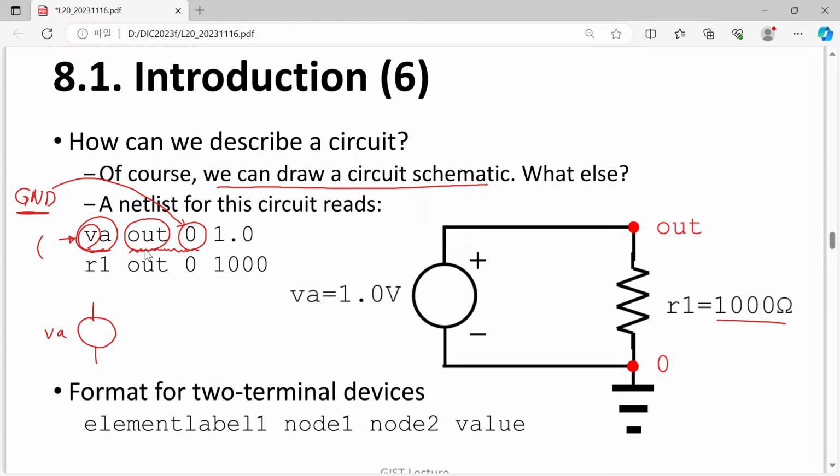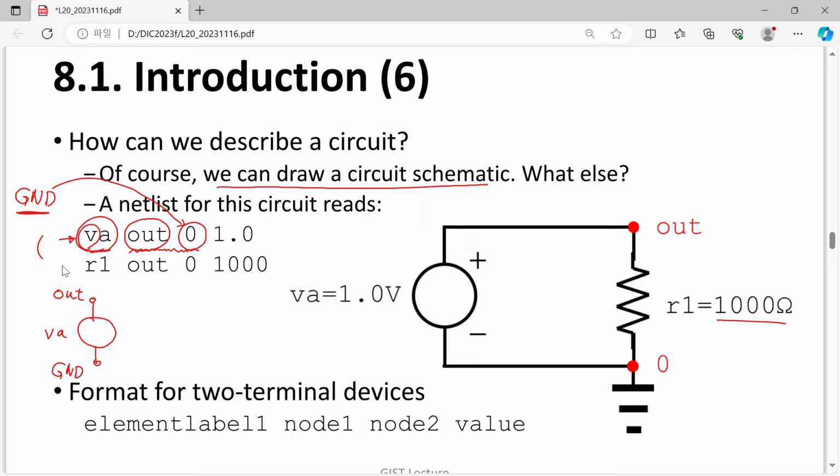So simply speaking, it has two terminals, and its upper terminal is connected to out, and its lower terminal is connected to the ground.